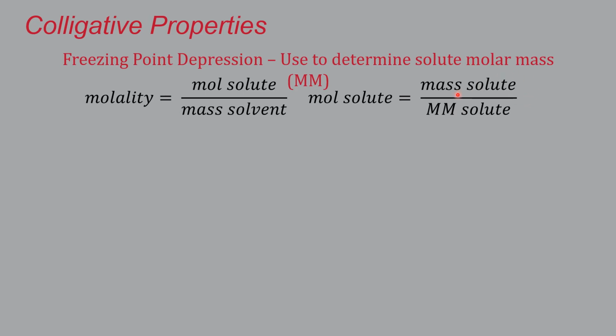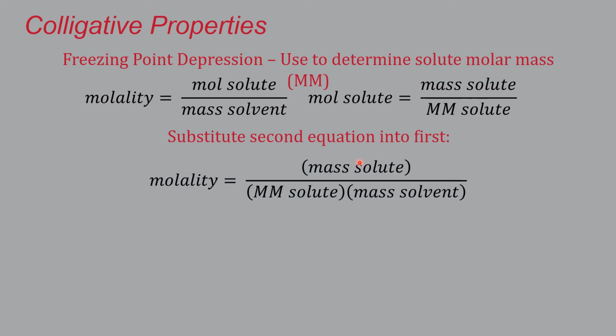So let's substitute this expression for the moles of solute into this molality equation right here. And you get that the molality can be expressed as the mass of the solute divided by its molar mass, divided by the mass of the solvent.